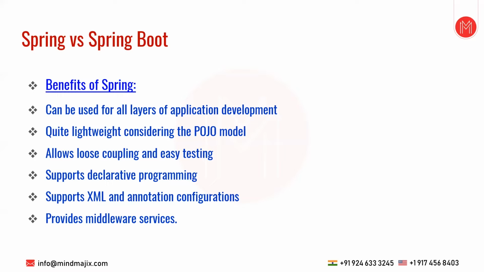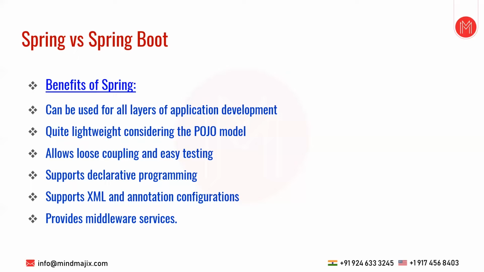So what are the benefits of Spring? There are many benefits of using Spring because Spring can be applied in all the layers of application development. For example, if you are implementing one MVC application, then you can apply Spring in the model layer, Spring in the view layer, Spring in the controller layer. And Spring follows a quite lightweight, POJO model.